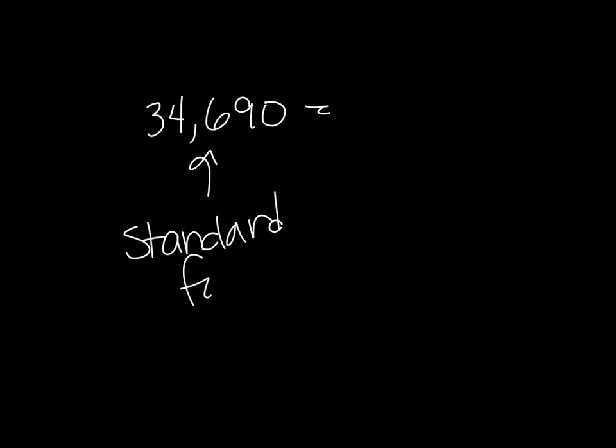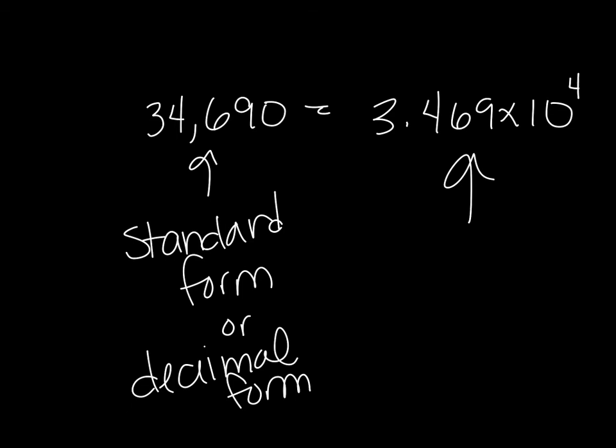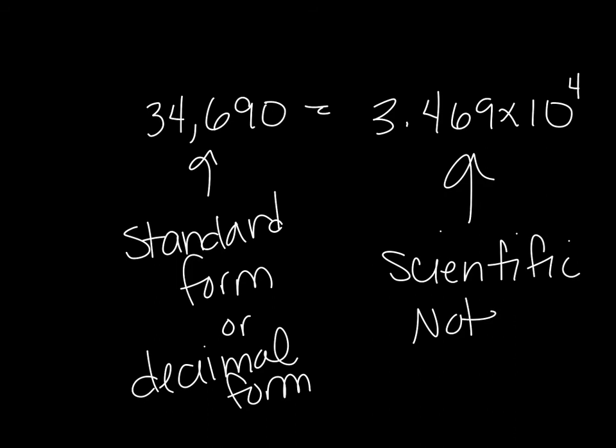Standard form, or sometimes they call it decimal form. If I write it as 3.469 times 10 to the fourth, this is called scientific notation. Again, this would be an excellent thing to put in your notes.